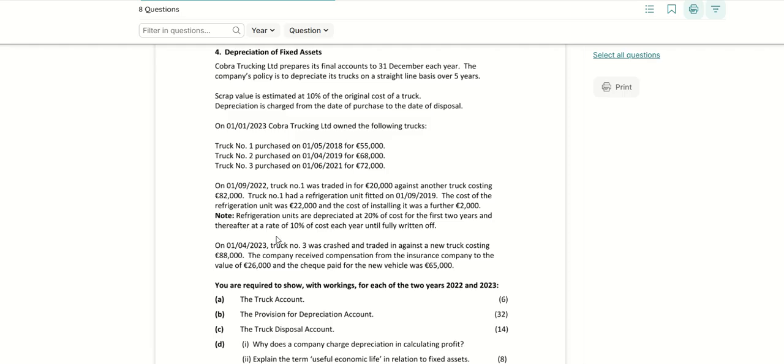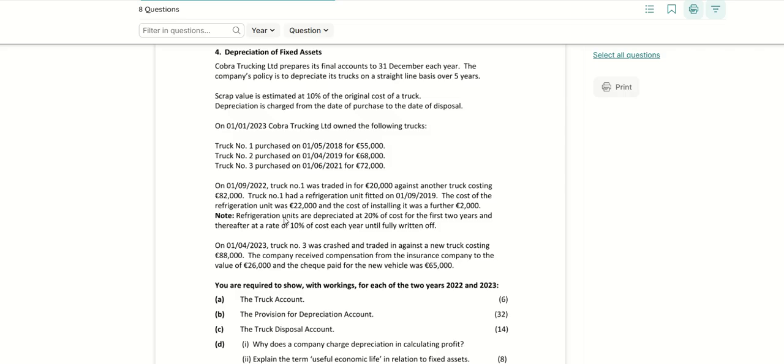In the second year, we disposed of truck 1 and the RU, and we bought a new truck, truck 4. In the second year, we also get rid of truck 3 and we're going to buy truck 5. Okay, so we're going to have 5 trucks and a refrigeration unit linked to truck 1 in the mix for this question.